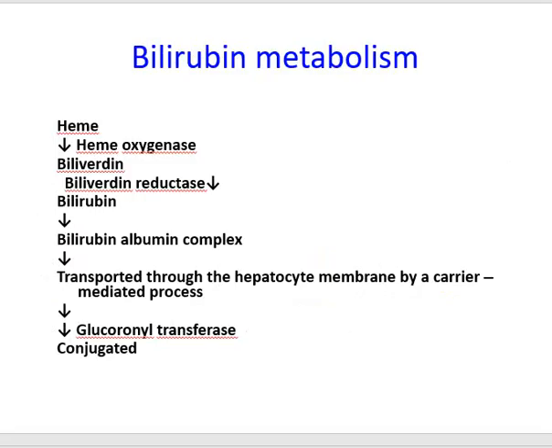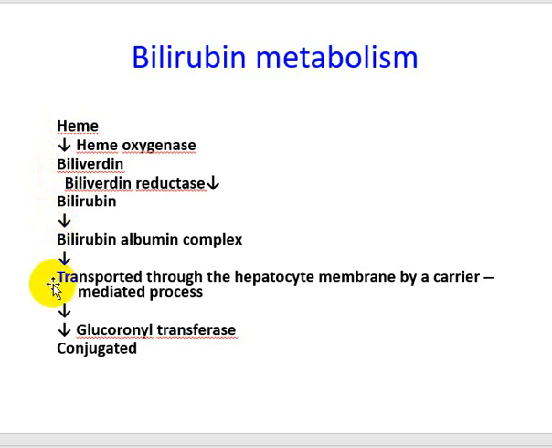If we know the metabolism of bilirubin, we can understand the problem of neonatal jaundice more. Heme is converted to biliverdin. Biliverdin will convert to bilirubin. Of course, every step has a certain enzyme. Then bilirubin will bind with albumin, forming a bilirubin-albumin complex. This is in the liver.